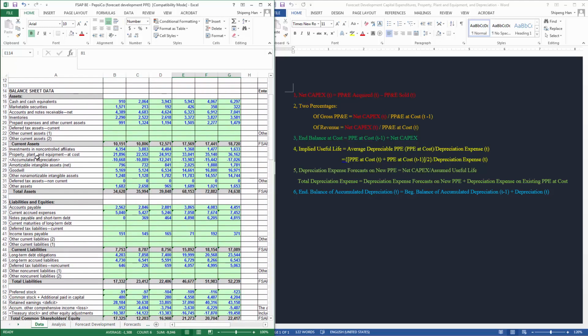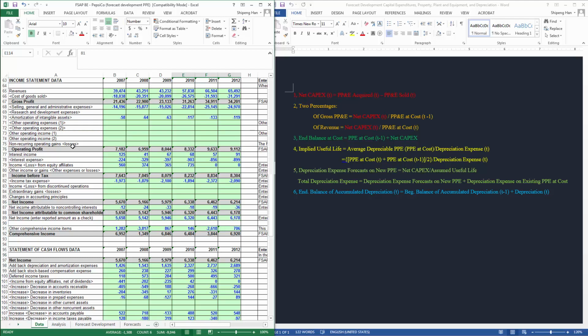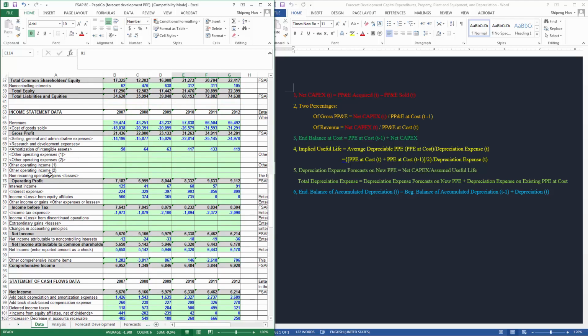So there is no depreciation expense in their income statement. The reason is they first capitalize the depreciation expense in their cost of goods sold, probably, and the other is reported as part of SG&A expenses. So that's why PepsiCo does not report depreciation expense separately.